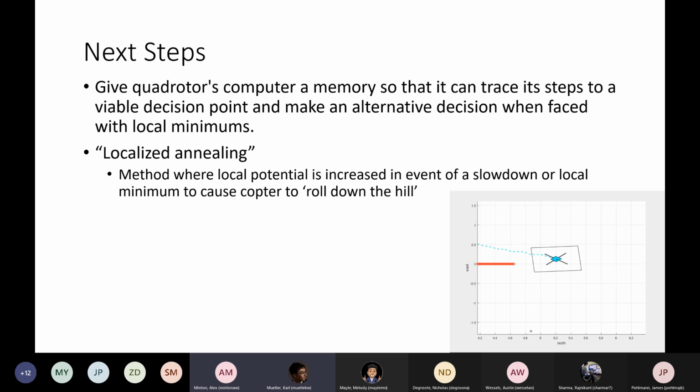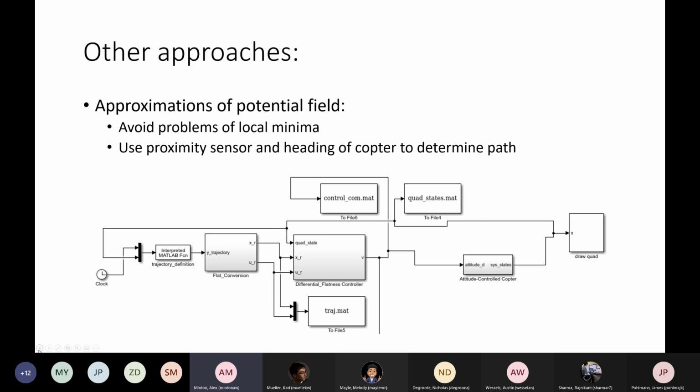And also, if you go back to the previous slide, we were thinking about using a proximity sensor to approximate about 5 meters around the quadcopter. But we had to scrap that and the EKF method that we were trying, to put it in a more simple way with the quad states.